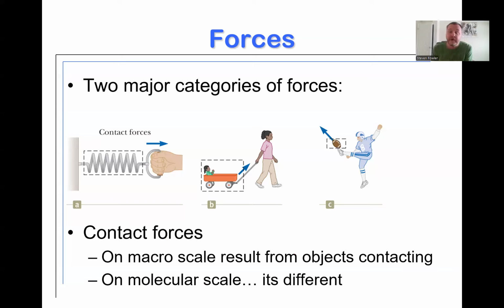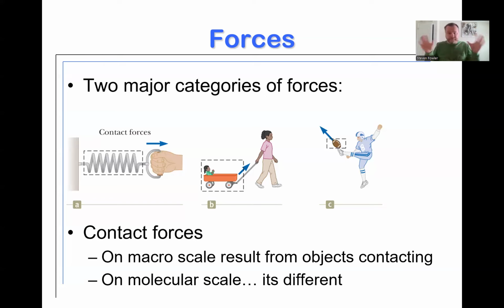At a molecular scale, it's not really contacting, but the good news is we don't have to worry so much about what's going on at the molecular scale yet. And frankly, as an engineer, I don't specialize in molecular interactions. I'm not the right person to have the conversation about what actually causes contact force.